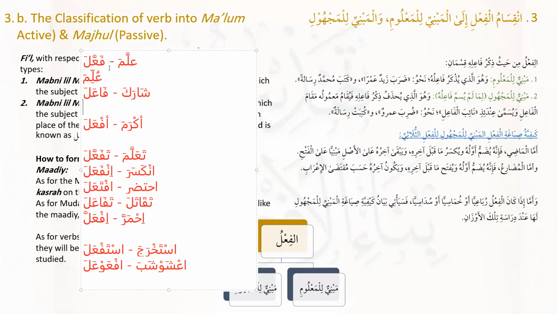I'll let you try first, and then inshallah we'll tell you the correct one if you get it wrong. So what will be the fi'l mabni lil majhul of shaaraka? This is the madi state. Shaaraka, he participated. شورك.